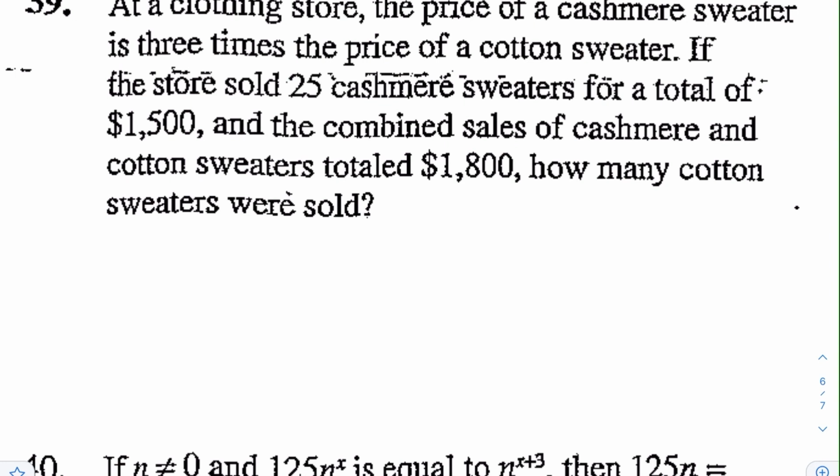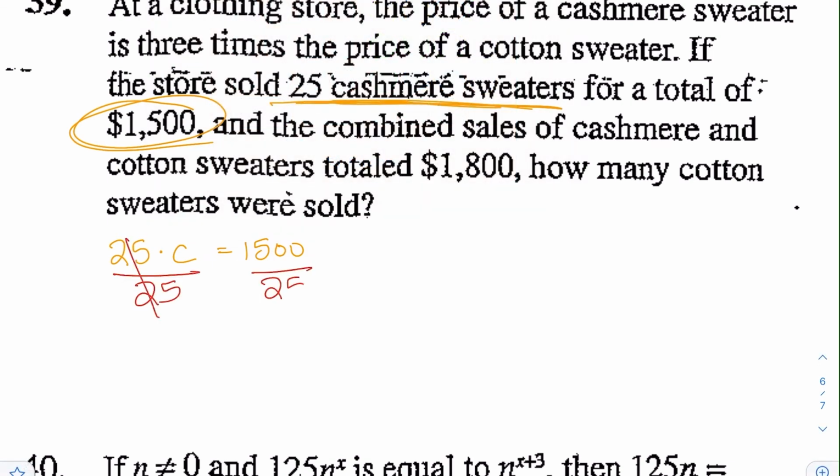So assuming each of the prices of the cashmere sweaters are the same, if 25 sweaters was $1,500, so call C the price of cashmere. If you multiply 25 times C, that'll be equal to 1,500. So you can divide by 25 to get the cost of the cashmere would be equal to $60.